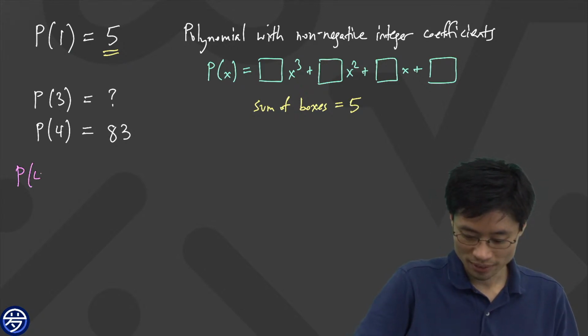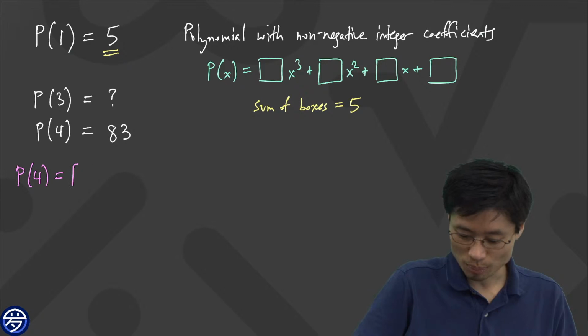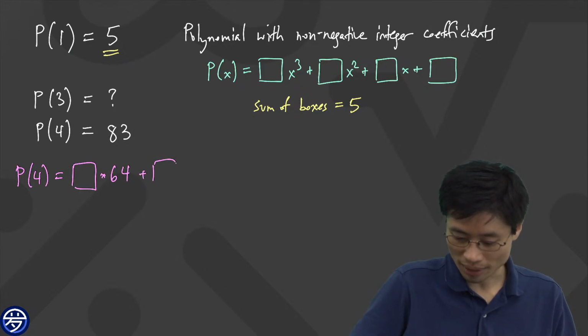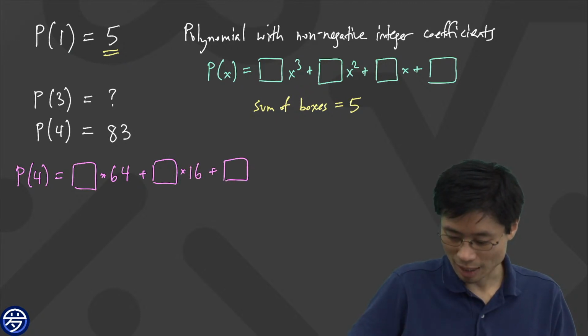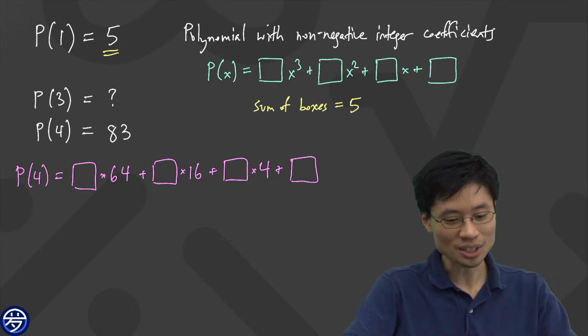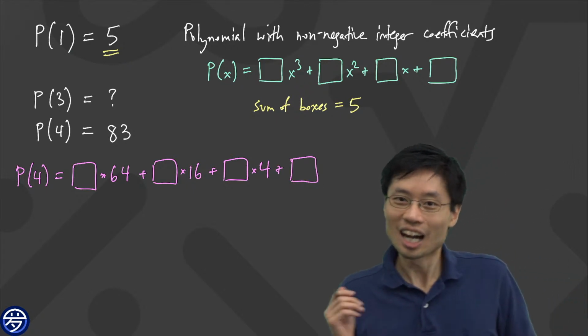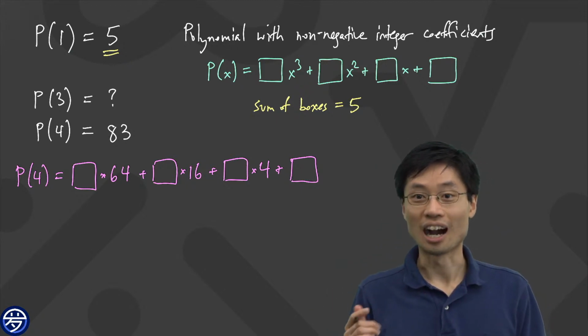P of 4 is going to be the first box times 4 cubed, which is 64, plus the second box times 4 squared, which is 16, plus the third box times 4 to the 1, plus the fourth box. And now we look at this and ask, how could we get 83?